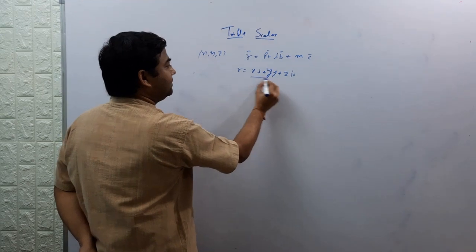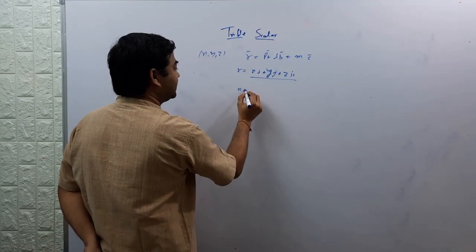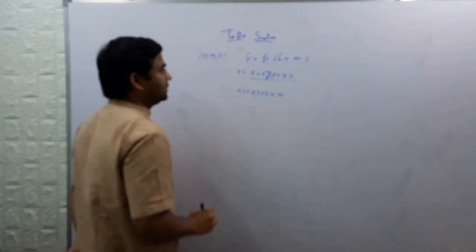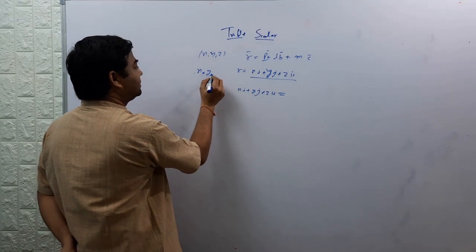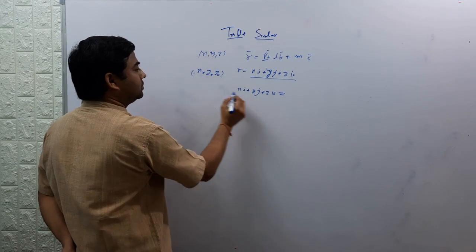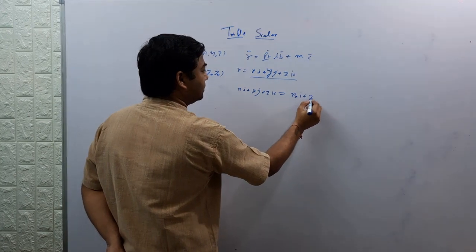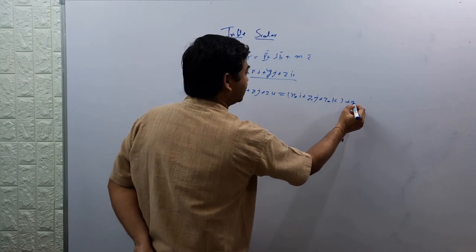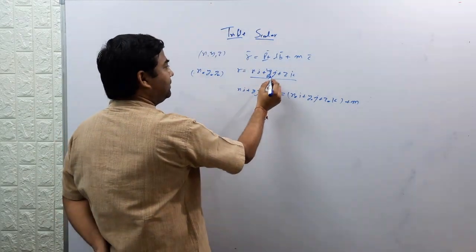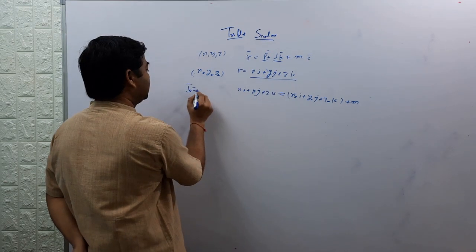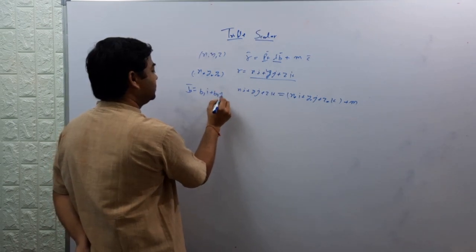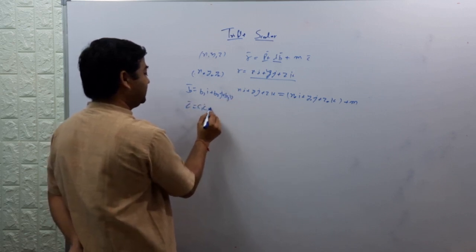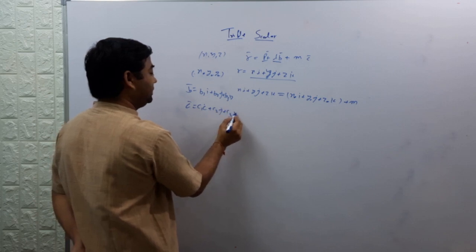So this can be written as xi plus yj plus zk is equal to, let P be a point having coordinates (x0, y0, z0), so x0i plus y0j plus z0k plus L into vector b. Let vector b be b1i plus b2j plus b3k. Similarly, vector c is c1i plus c2j plus c3k.